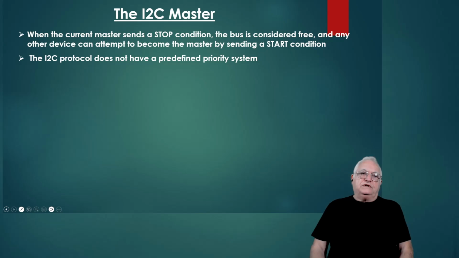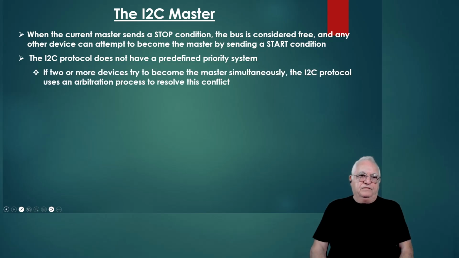The I2C protocol does not have a predefined priority system. If two or more devices try to become the master simultaneously, the I2C protocol uses an arbitration process to resolve the conflict.